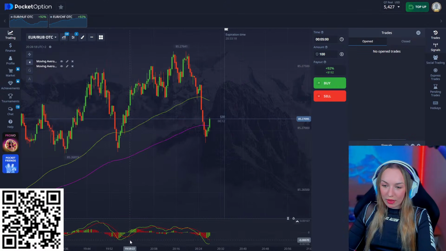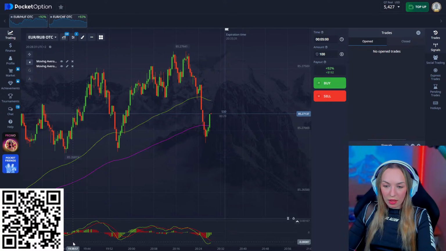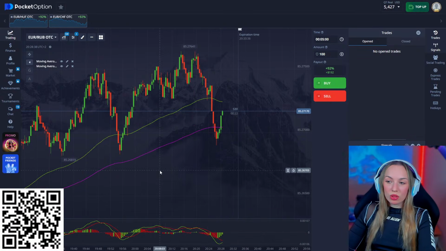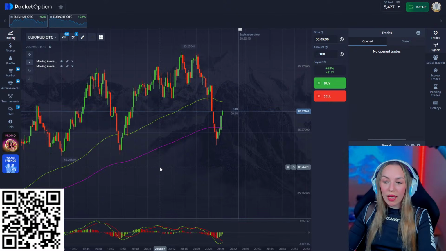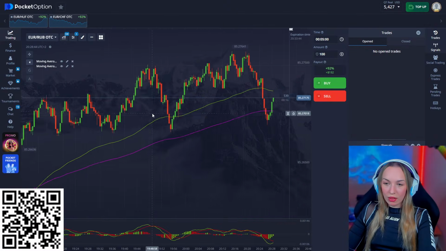But maybe, let me check. Here was, let's say, the signal to open the trade in the upward direction, 59. 15 minutes to go up. And here at 38 there was a signal. 47. Actually, maybe we can open the trade here in the upward direction soon. Again for 5 minutes. Why not?